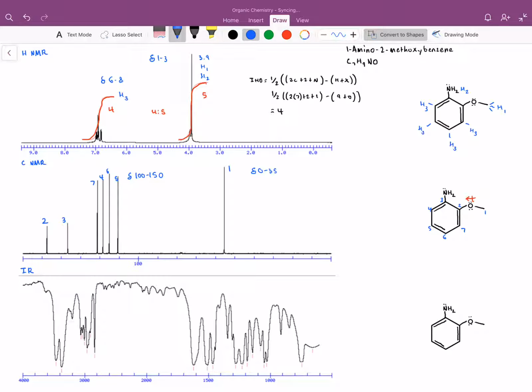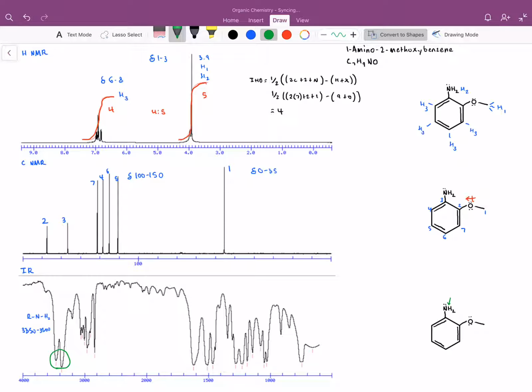Something that we do have though is a nitrogen-hydrogen bond, an amine bond, showing up down here in the range of about 3,350 to 3,500. This right here. That's shown up, and we obviously have that bond right there in our compound that I just pointed to in green.